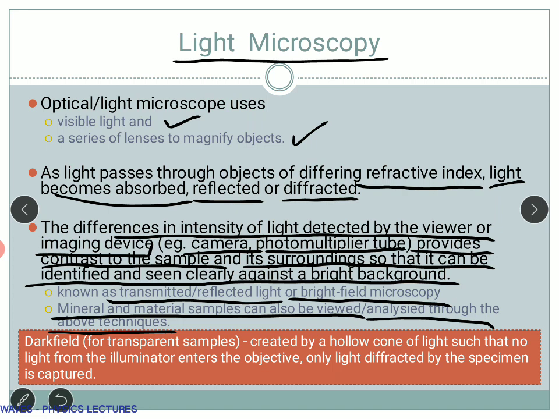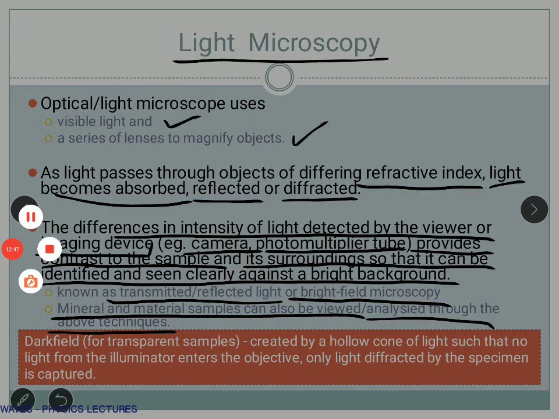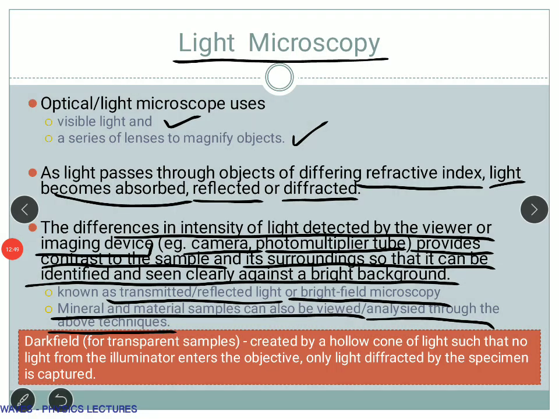So if there is something called bright field spectroscopy, there should also be something called dark field spectroscopy. What do you mean by dark field spectroscopy? It is basically used for a transparent sample. If the sample is more or less transparent in nature, you cannot really use a bright field and expect to see the sample. So we use a dark field there, and this can be created by a hollow cone of light such that no light from the illuminator enters the objective.